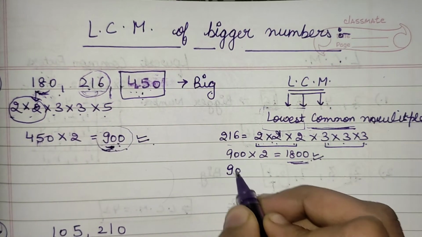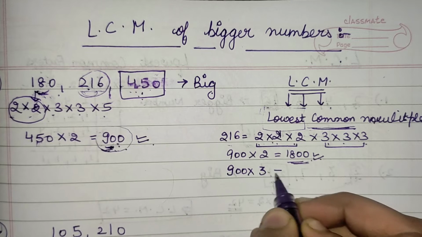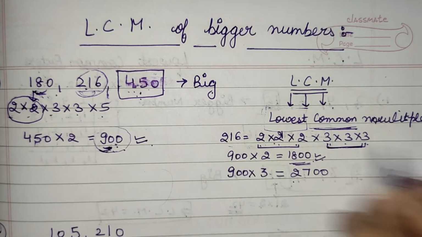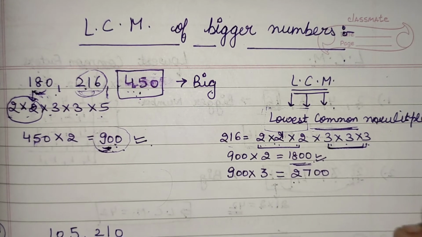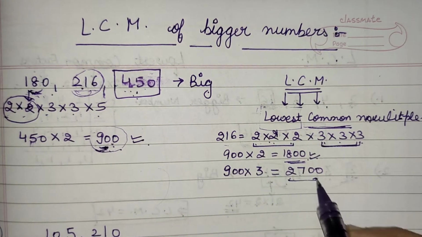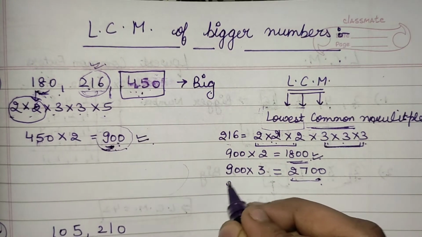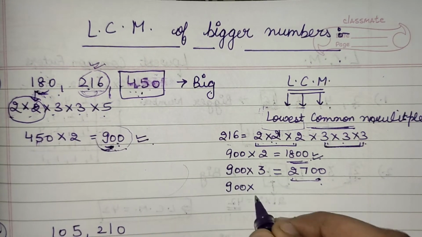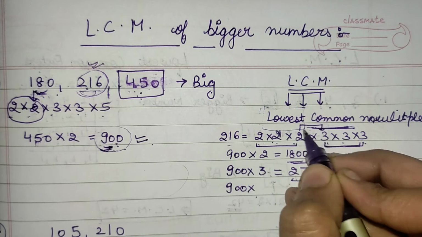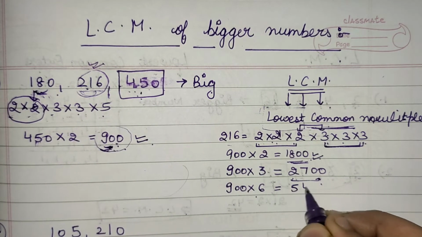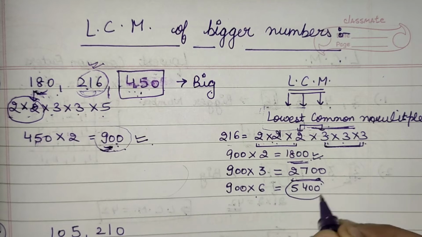Then try to multiply 900 by 3. So what will I get? I will get 2700, because 3 is another factor. Okay, now check whether 2700 is divisible by 216. No, it is not. So now you can take the multiple of these factors. 2 into 3 will give you 6, which will be equal to 5400.